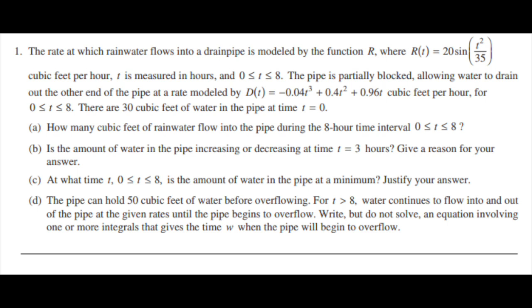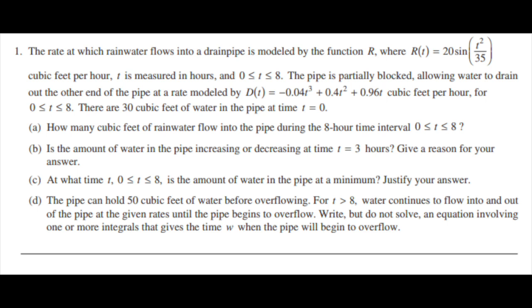The pipe is partially blocked, allowing water to drain out of the other end of the pipe at a rate modeled by d of t equals negative 0.04 t to the third plus 0.4 t squared plus 0.96 t cubic feet per hour for t from 0 to 8. There are 30 cubic feet of water in the pipe at t equals 0.